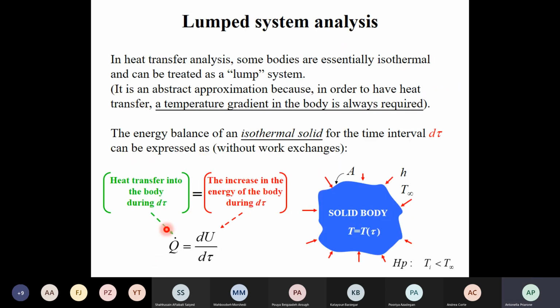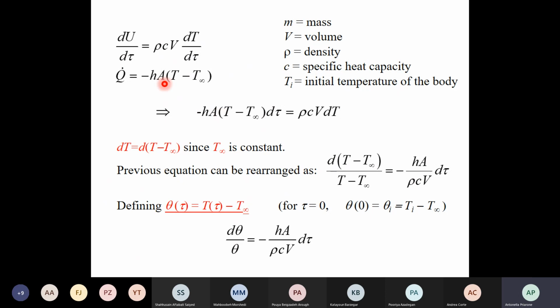The heat transfer rate, the first member of this equation, I can express by means of the Newton law, with a minus, because if I use, as usual, T as the temperature of the body minus the temperature of the fluid, I obtain a negative value because the temperature of the fluid is bigger than the temperature of the body. I need minus to respect the physical sense of this process.